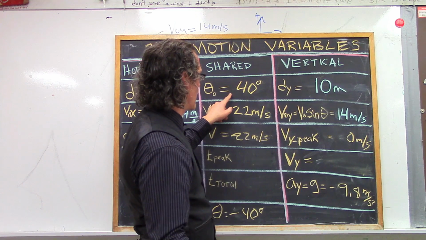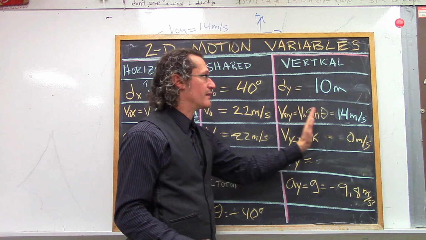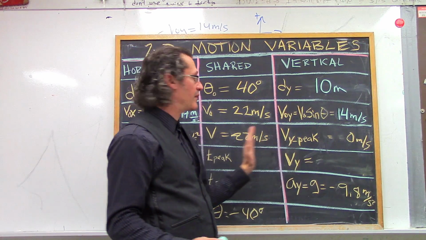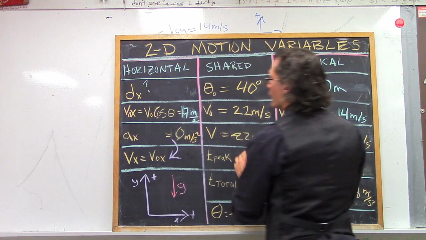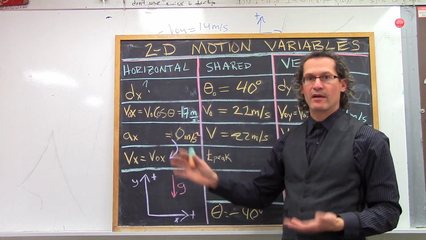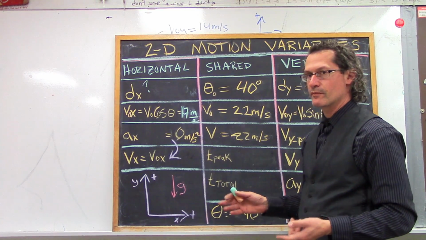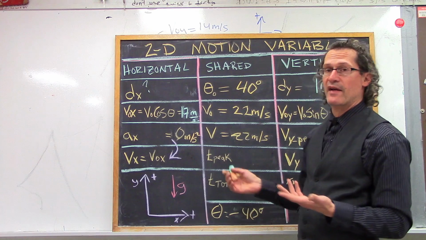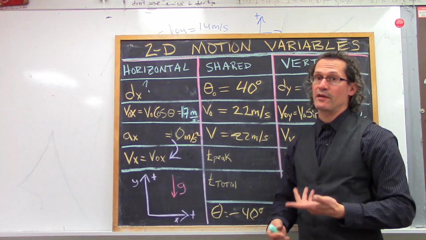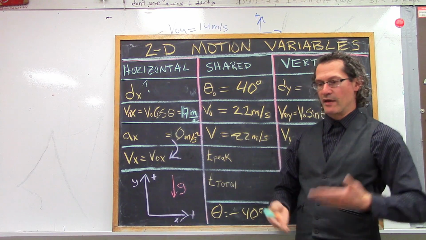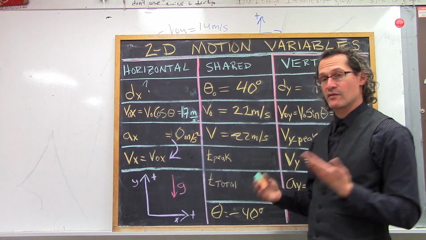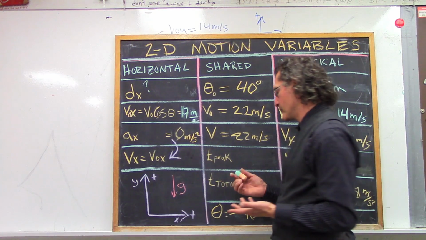Now we got all this information over here. We want to find time and then of course share that with the horizontal side in order to get the range. So we're going to get t peak and t total. In this case, because we're talking about the parabola, the t peak is going to be from the ground up to the peak, and then because of symmetry, t total is just going to be double that. So it's going to be pretty easy.